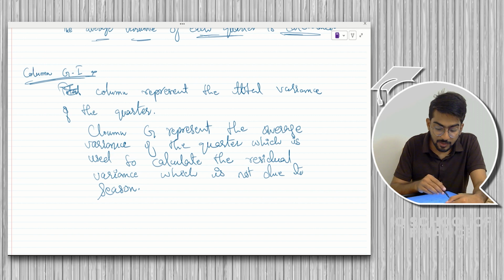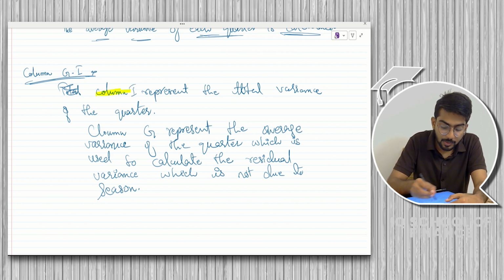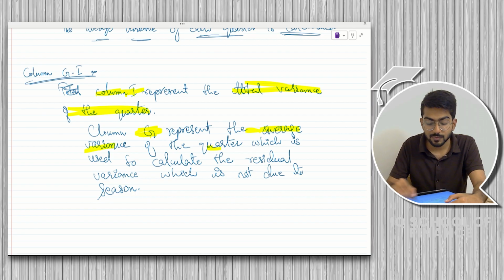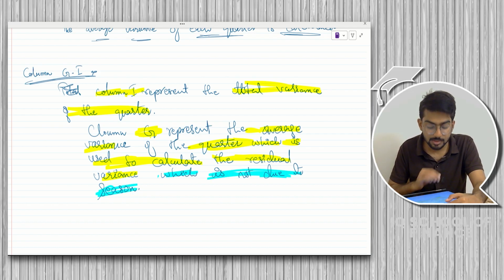So here we have written that column I represents the total variance of the quarter, and column G represents the average variance of the quarter, like we just discussed, which is used to calculate the residual variance, and this is the important part, which is not due to the season.